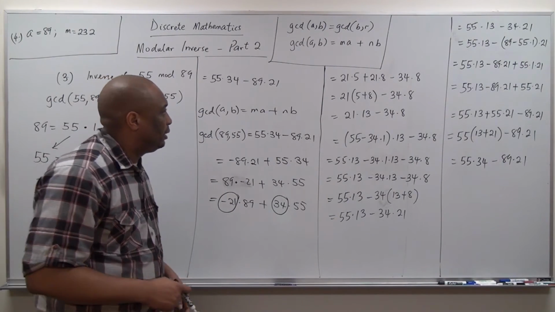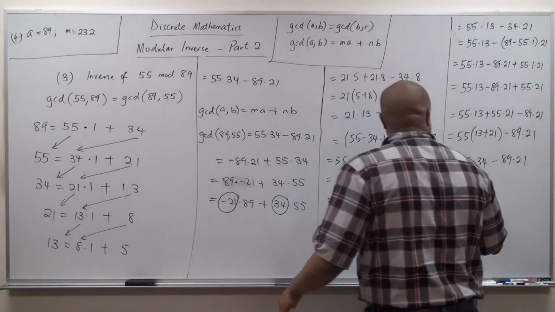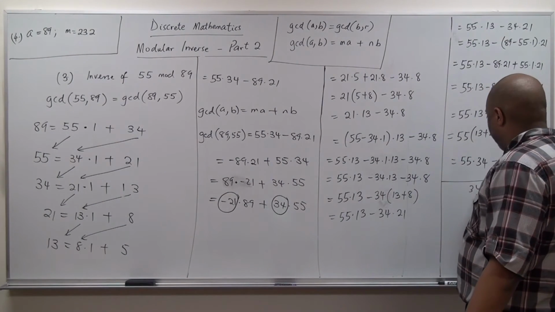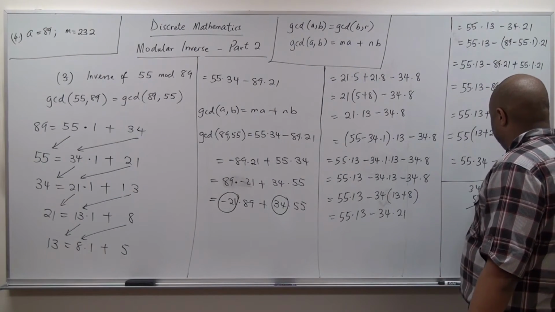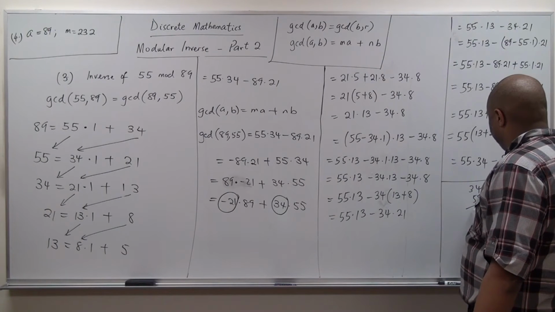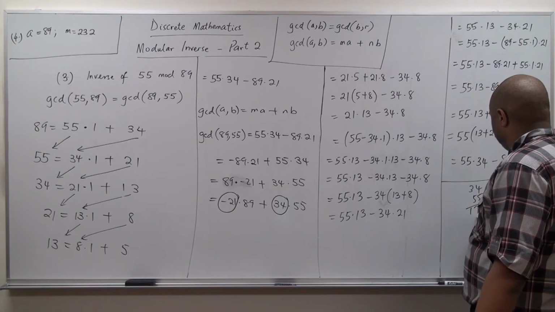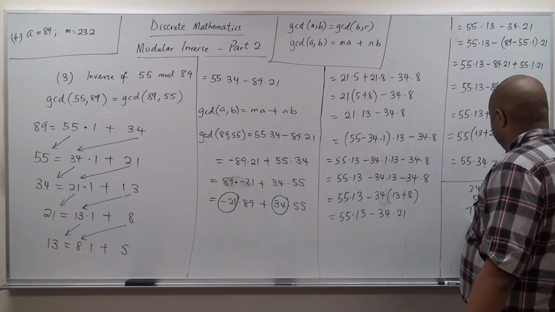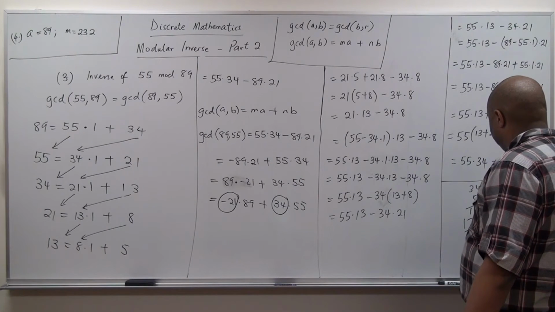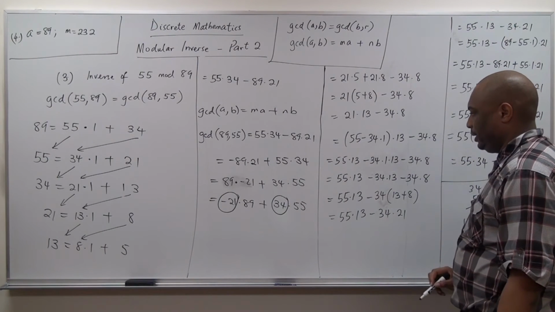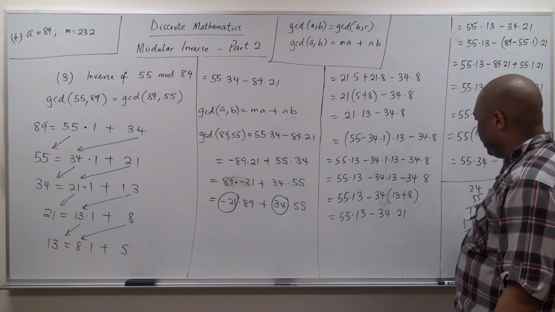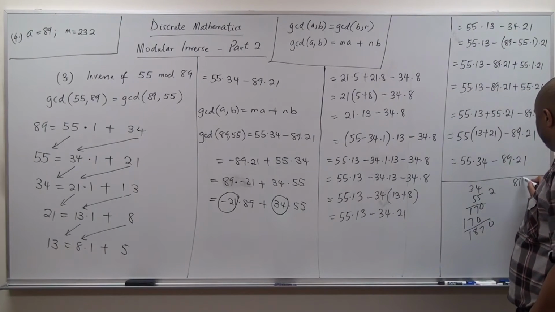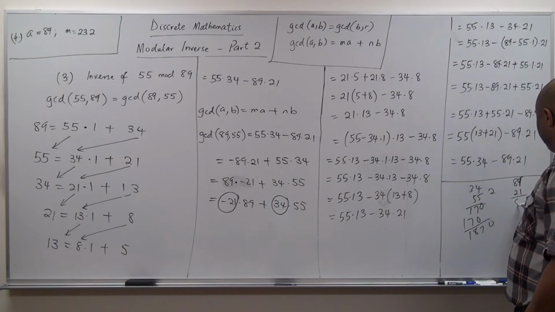Okay, we can do it. 34 times 55: 5 times 4 is 20, 5 times 3 is 15 plus 2, 17. So 0, 7, 1, 8, 7, 8, right? That's 1870. And then 89 times 21: 2 times 9 is 18, carry 1, 2 times 8 is 16 plus 1, 17.